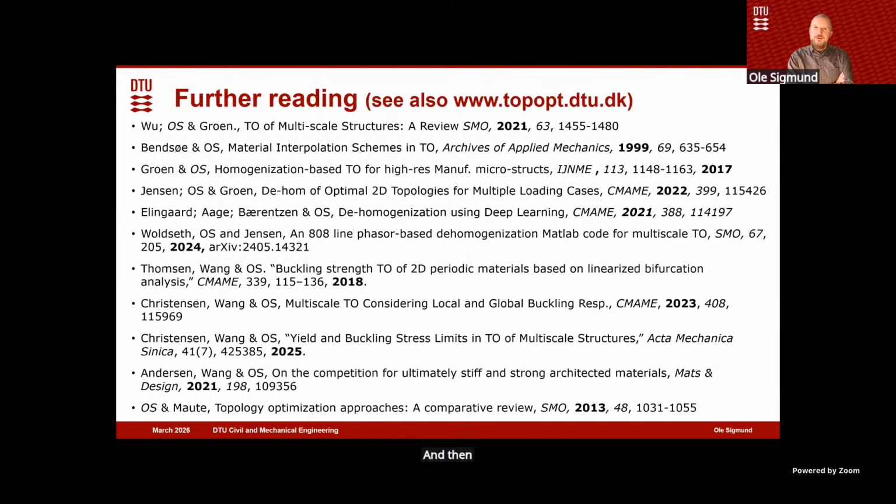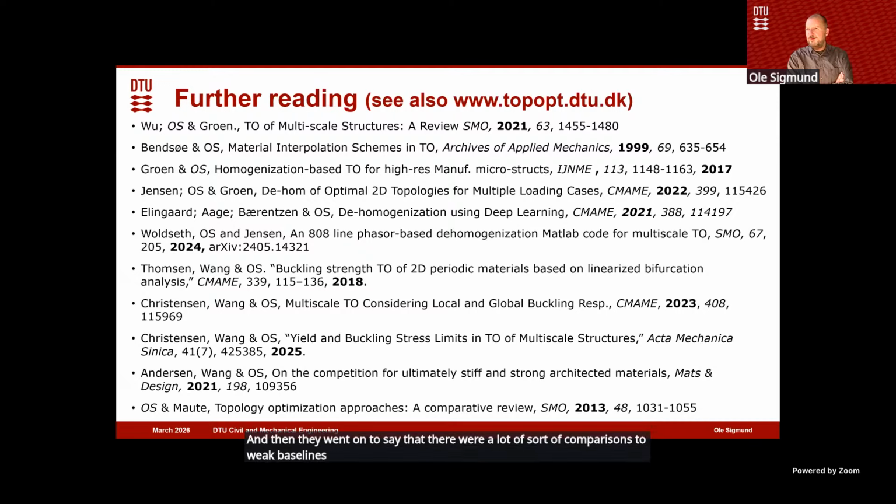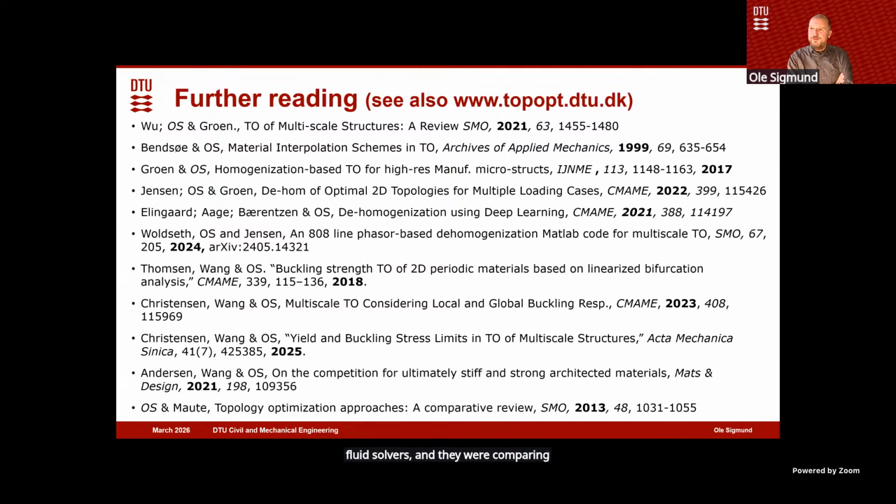And then they went on to say that there were a lot of comparisons to weak baselines. So when people were claiming that AI was doing better than established fluid solvers, they were comparing to crude convergence criteria and bad solvers and stuff like that.